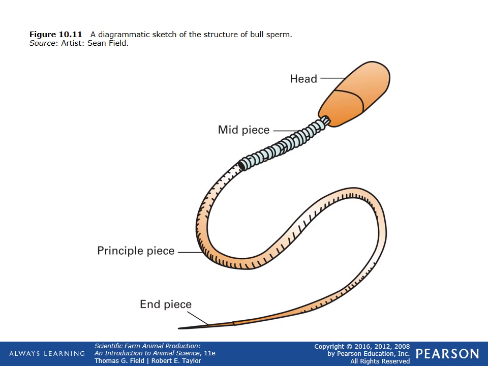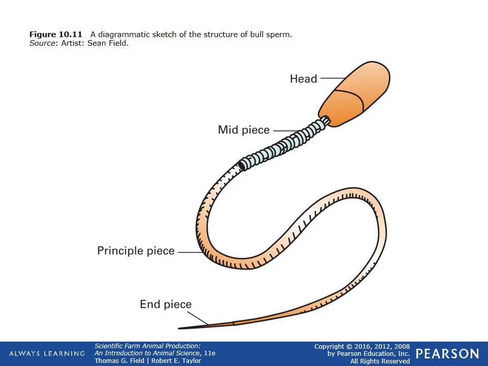So if we look at bull sperm, you see the head of the sperm in the upper right, the mid-piece as it attaches from the head of the sperm to the tail, and then all the way to the end. It is extremely crucial that you understand the different parts of the sperm, because when we talk about artificially inseminating, and actually even in natural service, you can evaluate sperm for effectiveness and motility.